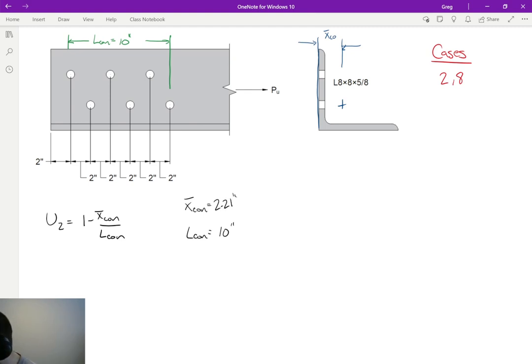So therefore, U2 is 1 minus 2.21 inches over 10 inches. When I check that out, I'm getting 0.779. Now that's U2, but that's not U8.